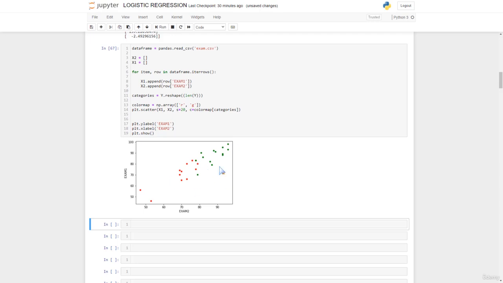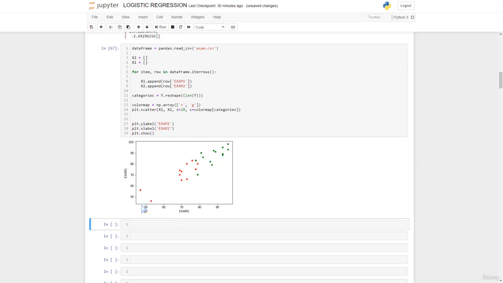Now we are seeing that as the exam 2 mark increases and the exam 1 mark increases, we have this tendency of having a good final mark or a pass in our final mark. Let's see how to include our model in this. So we see how our model will behave when given points which are actually in this domain.